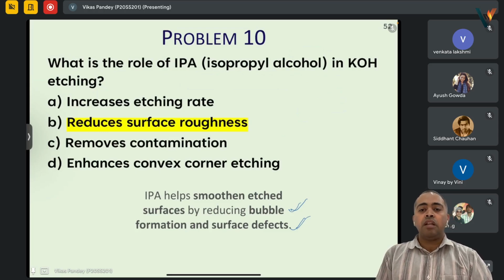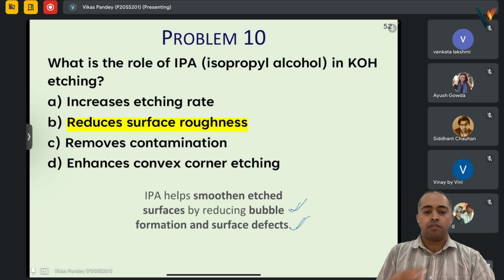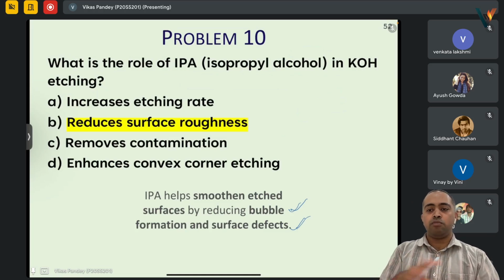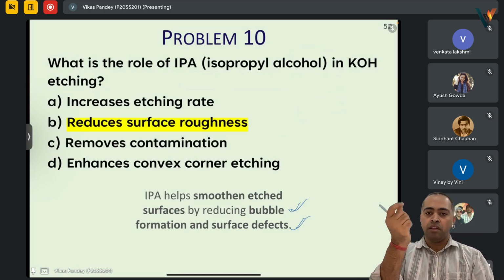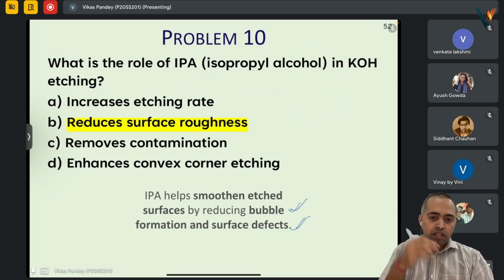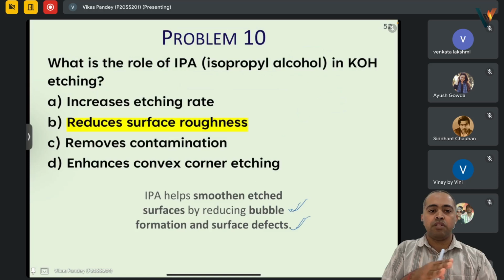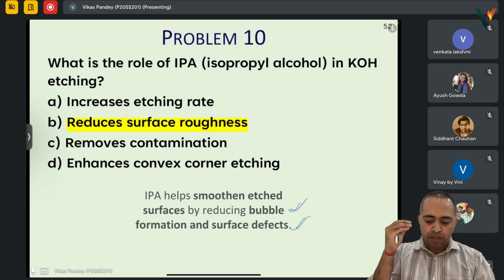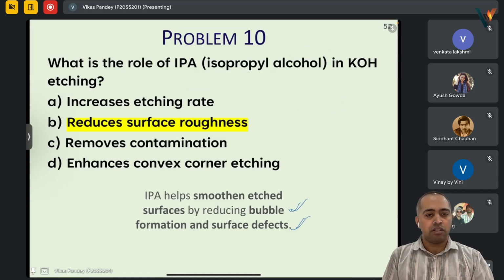The reason can be that they are smooth enough and they are not letting the chemical reaction happen, because that surface is not letting the KOH stick to the surface itself. So in such cases, IPA helps. IPA reduces the bubble formation and surface defects.